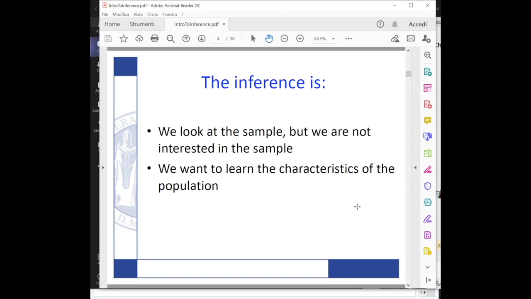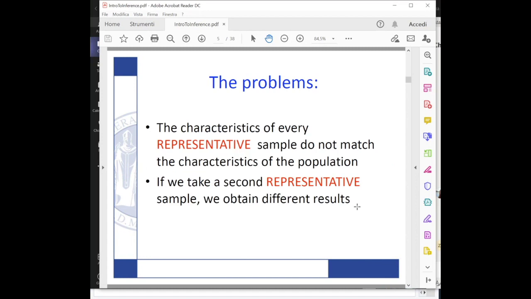So yeah, we said this. The inference is when we look at the sample, but we are not interested in the sample. We want to learn the characteristics of the population. So when we go from the characteristics of a sample to the characteristics of the population, we are doing inference. I also said this, but we can read it together.